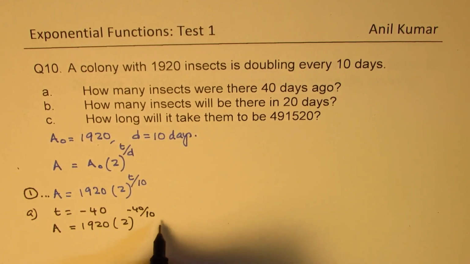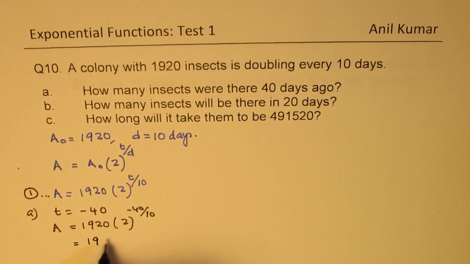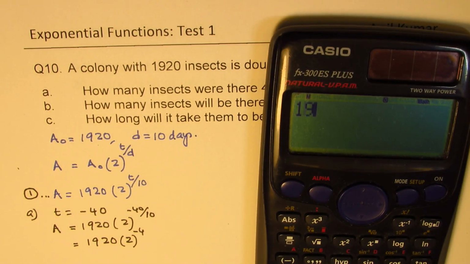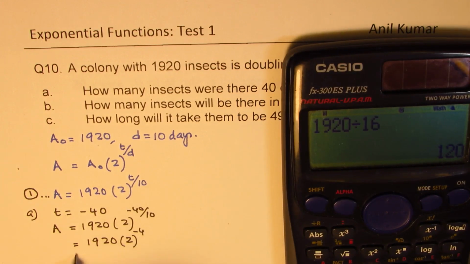Correct? So which is equal to 1920 times 2 to the power of minus 4. Right? So we have to divide this by 16 to get our answer. Is that okay? So let's do it using the calculator. So we have 1920 divided by 16. 2 to the power of 4 is 16, so we get 120 as our answer.